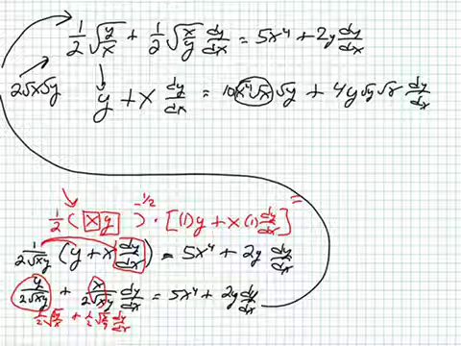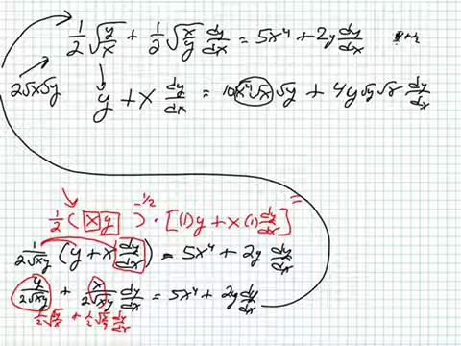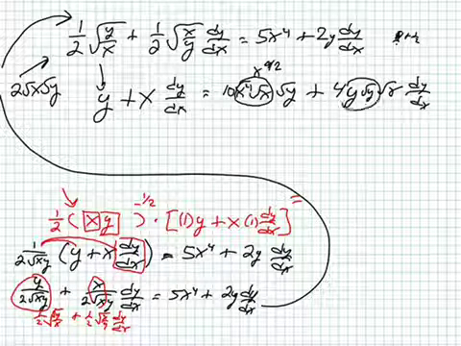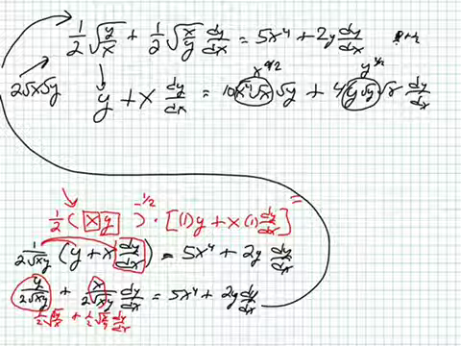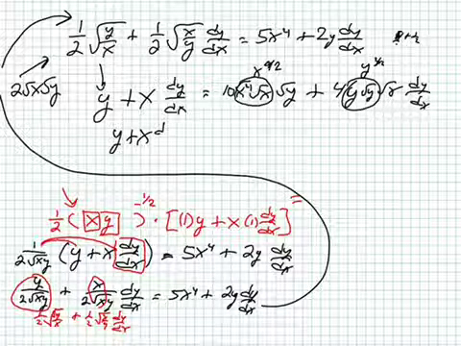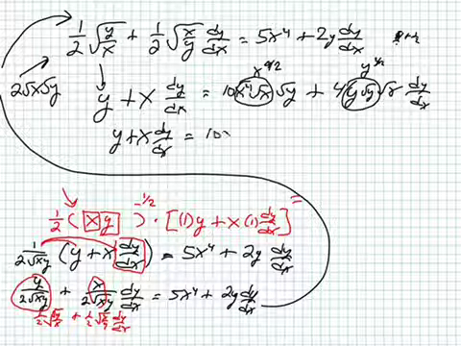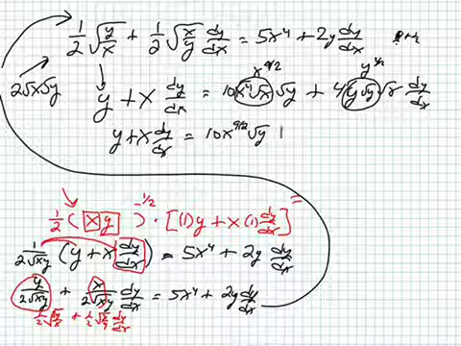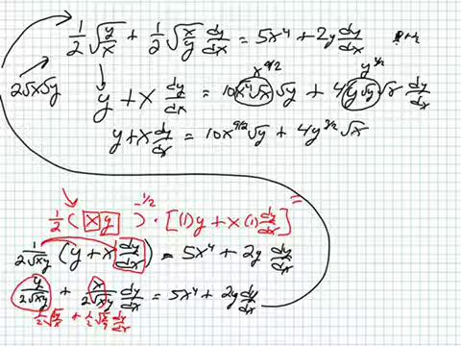So 4 plus 1/2 is 9/2, so it's going to be x to the 9/2. And y times y to the 1/2 is y to the 3/2. So I've got y plus x dy/dx is equal to 10 times x to the 9/2 times the square root of y plus 4 times y to the 3/2 square root of x dy/dx.